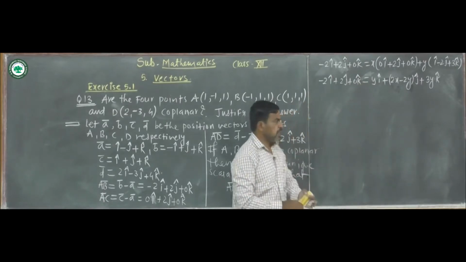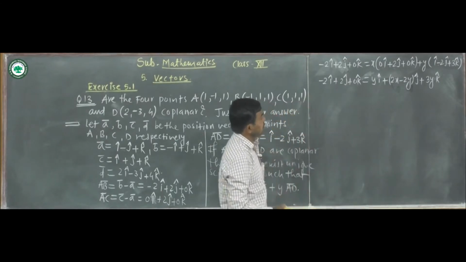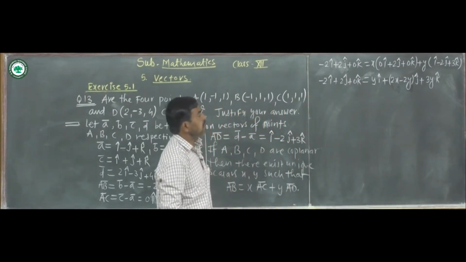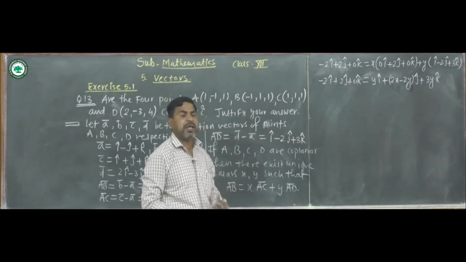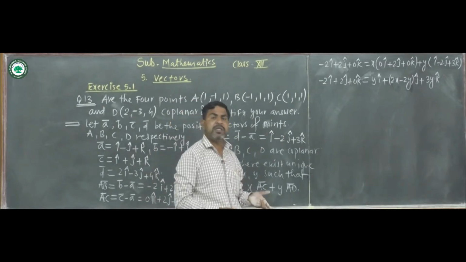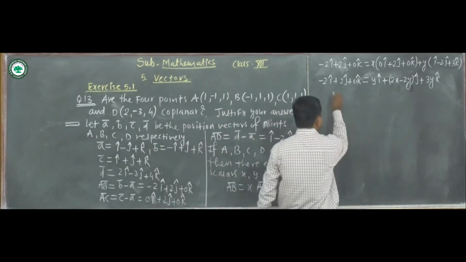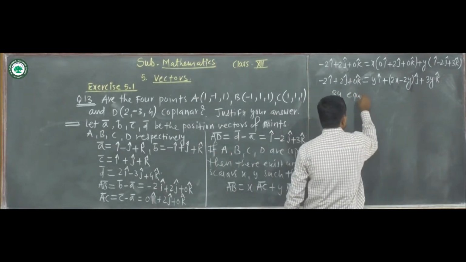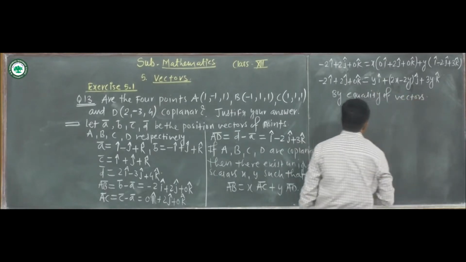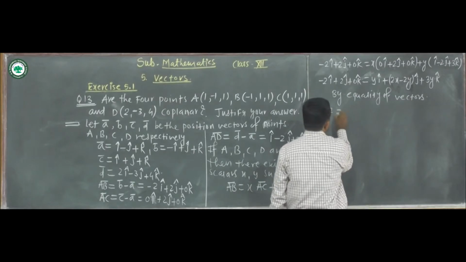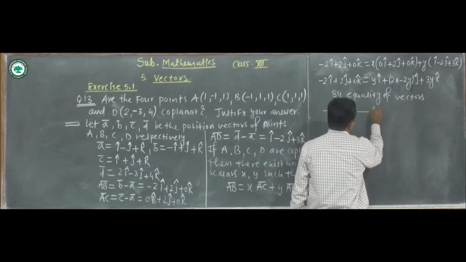Now if you observe this equation, on left hand side as well as on right hand side, there is a vector in the form of I, j, k, and these two vectors are equal. It means that their corresponding components are equal, meaning components of I cap, j cap and k cap are equal. So right here, by equality of vectors, in I cap component, minus 2 is equal to y, equation number 1.